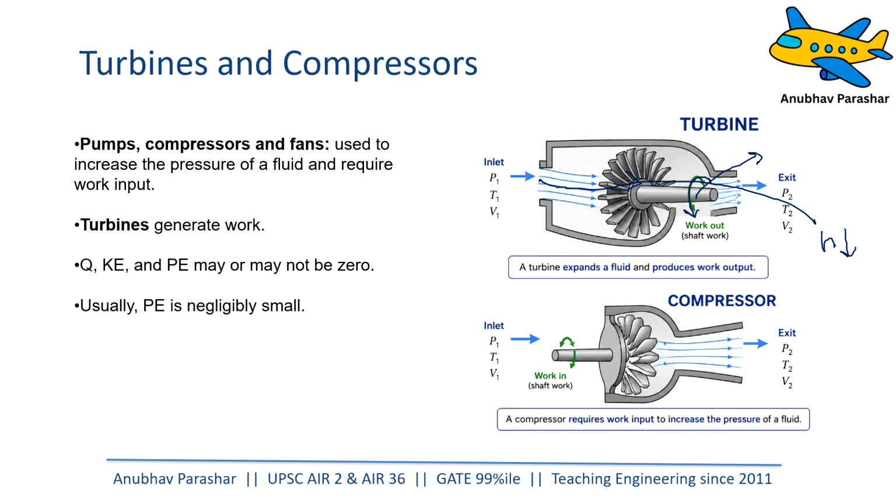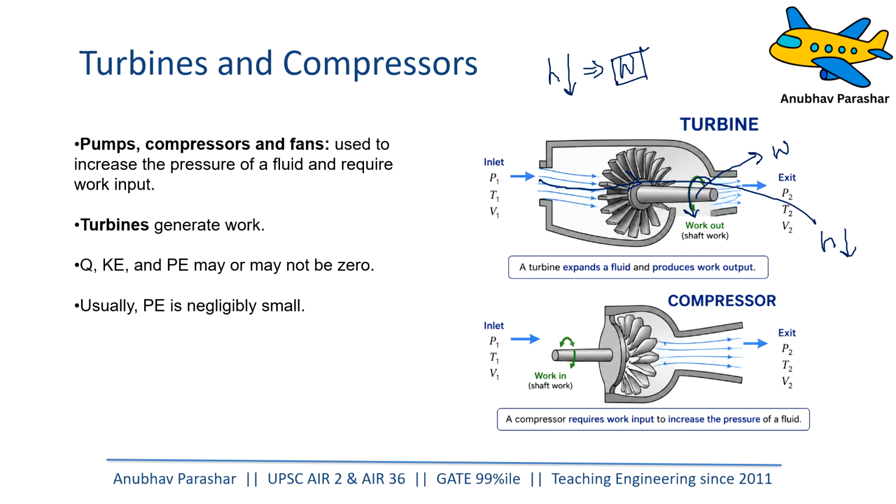So some amount of work will be produced, and this work is generally used to drive, say, compressors, to drive many other parts. We'll go into much detail with respect to turbines, water turbines, but for the time being, let us try to understand that turbines are work producing devices. There will be a drop in enthalpy, and as a result, there will be some amount of work being produced.